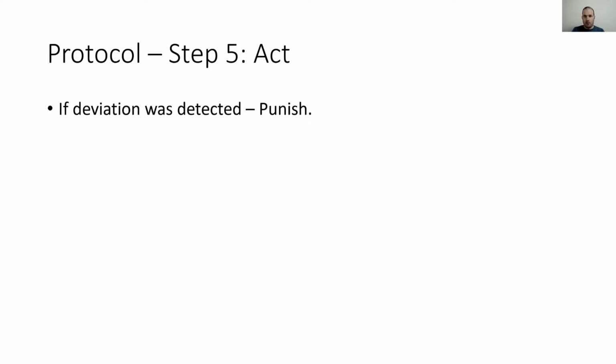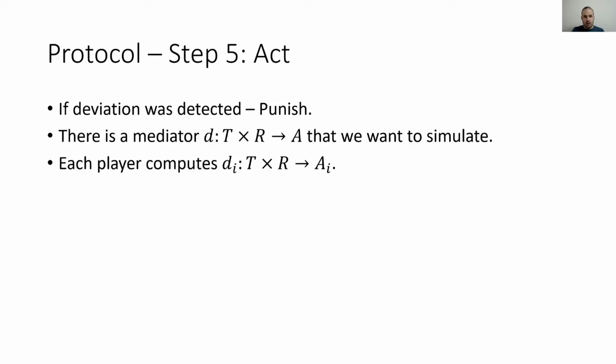But if we want to play a more general game, where the mediator has a full information communication equilibrium, each player can compute his recommended action by the mediator, since he has all the types, and just act according to this mediator. Since it's an equilibrium, each player will follow this recommendation, even if he knows all the types. This ends the protocol.